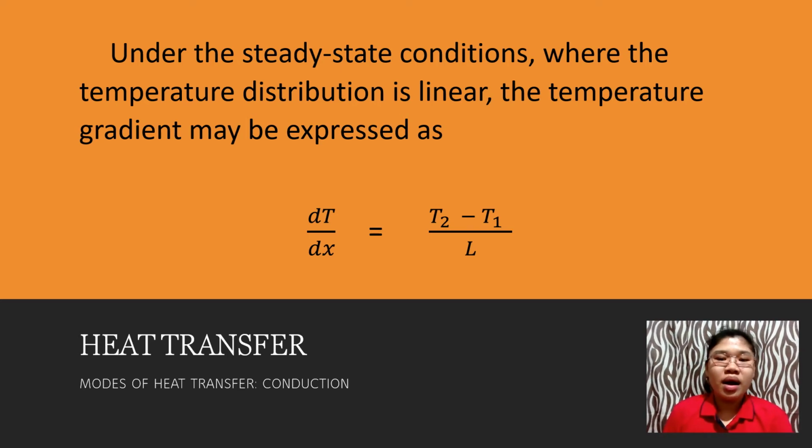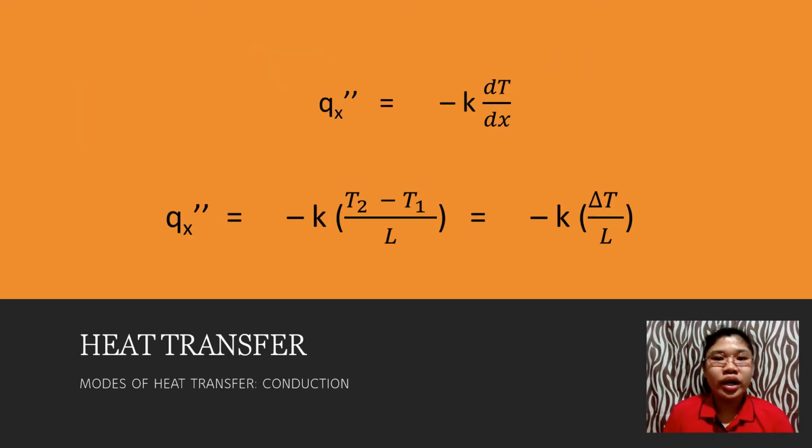So our heat flux formula will be negative of thermal conductivity multiplied by the change in temperature over length.